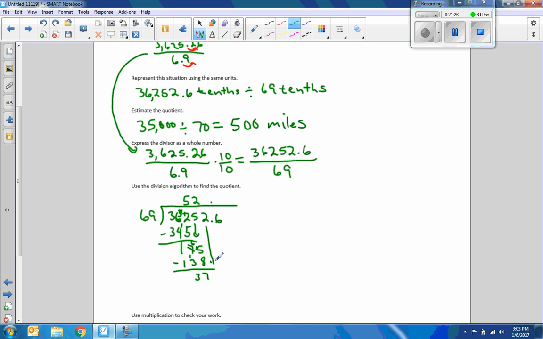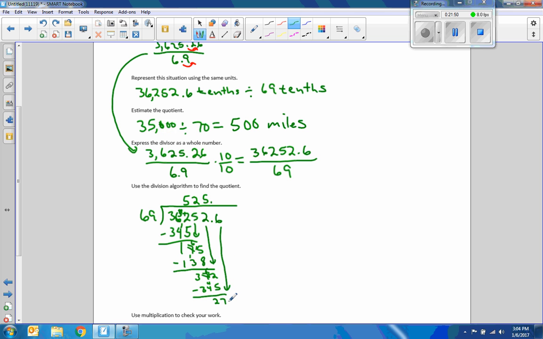Bring down the 2. 69, 70 goes into 372 5 times. 9 times 5 is 45. Carry the 4. 5 times 6 is 30, plus 4 is 34. Subtract. 12 minus 5 is 7. 6 minus 4 is 2.